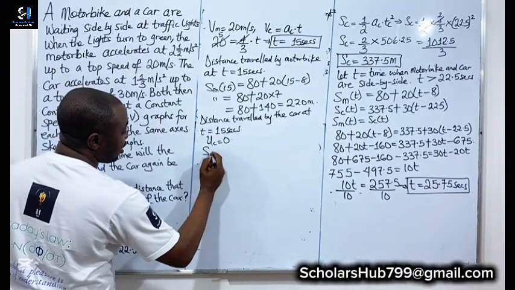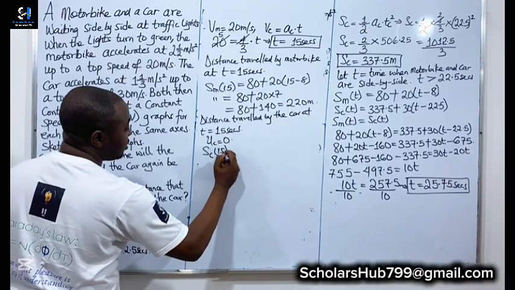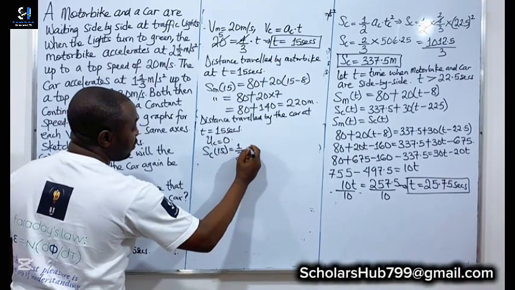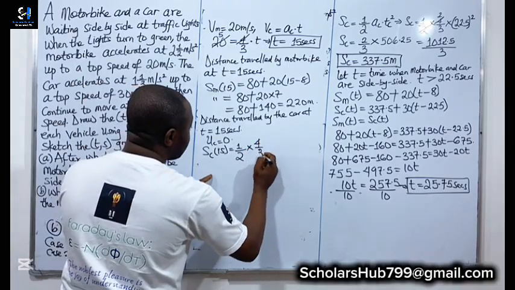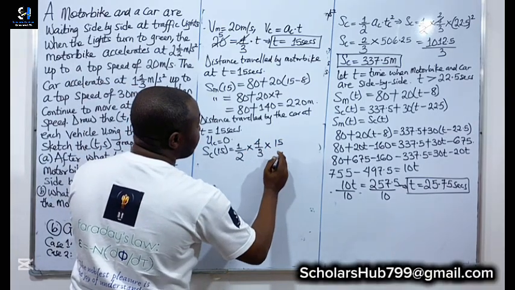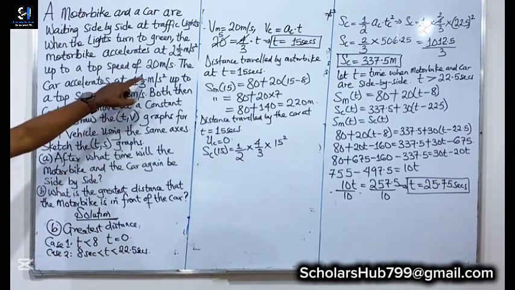So this time we're going to have one half of the acceleration, the acceleration is 4/3, multiplied by 15 squared, because the acceleration is given to be 4/3.